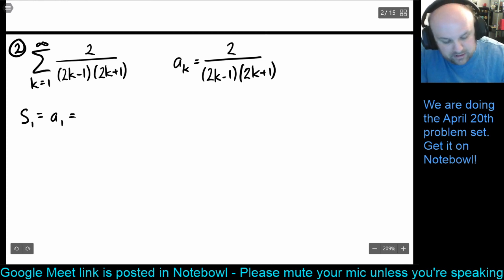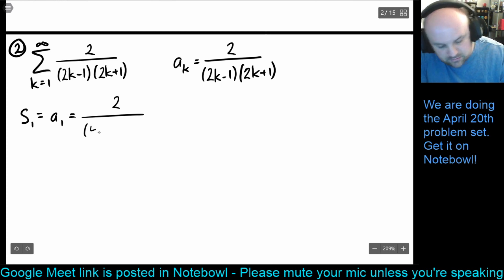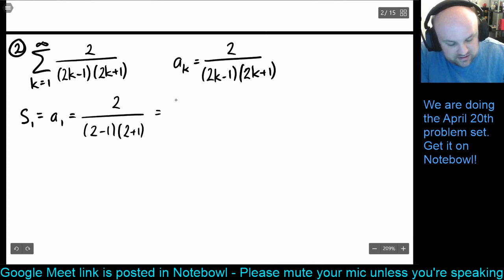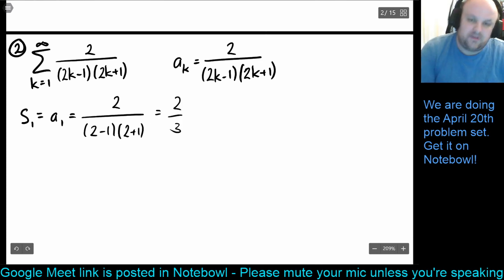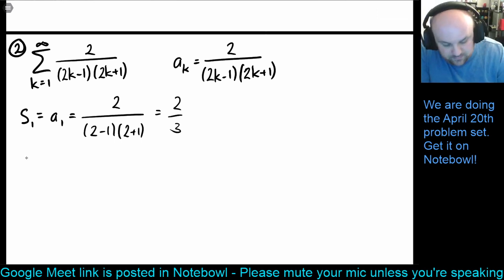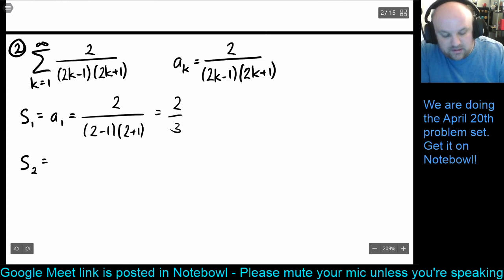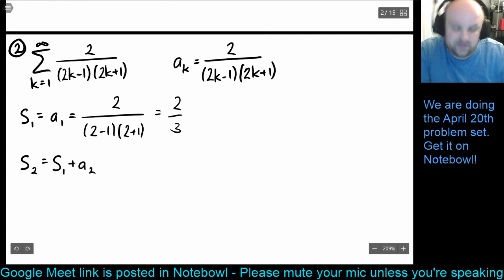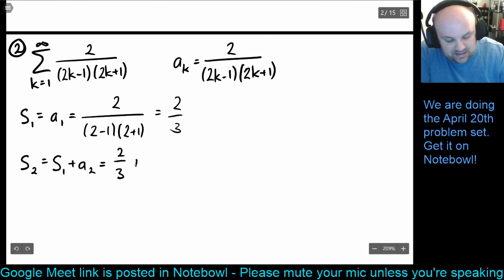Plug in 1, and we're going to get 2 over (2 minus 1)(2 plus 1). So this is 2/3. Great. Now let's see what the next thing is. All right, so S2, just to keep the pattern that's going to happen here, this is going to be S1 plus A2. Right? So take the previous sum and add the next term.